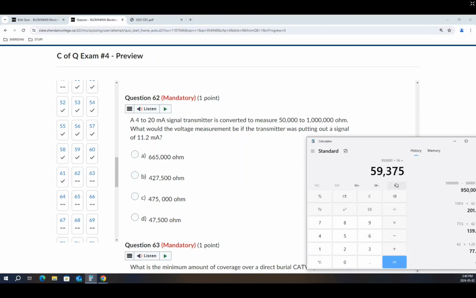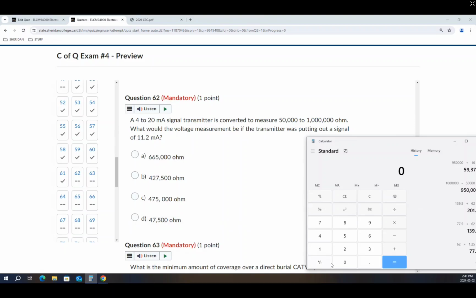So I'm going to divide this by that. Now I've got this ratio and I've got 11.2 milliamps. I'm going to multiply 11.2 milliamps times that, minus my offset. My offset is 4 to 20, so I have to subtract the 4. So I'm going to put that into memory.